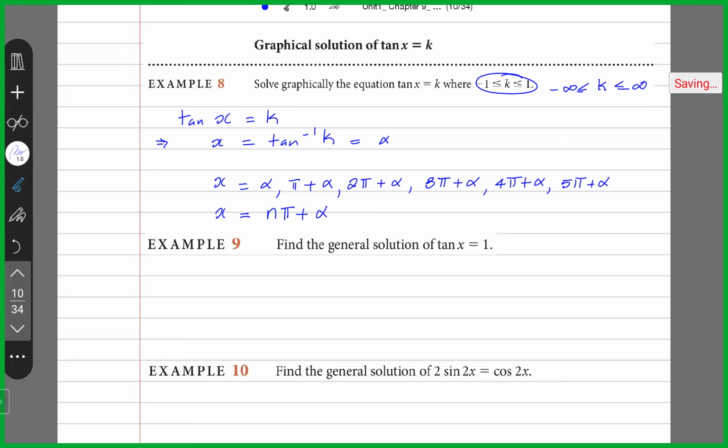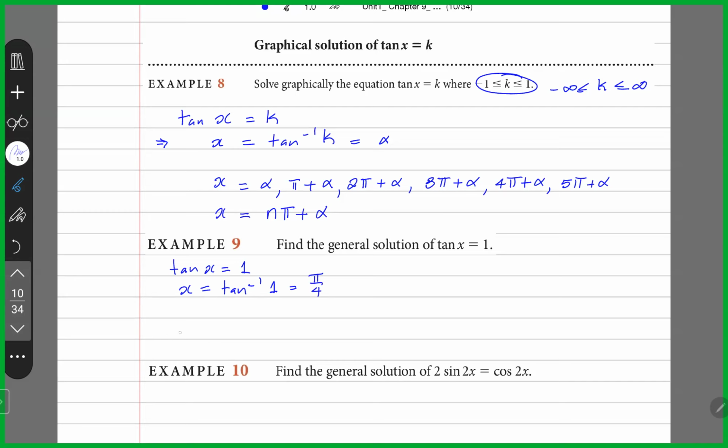Example 9 says, find the general solution of tan x is equal to 1. Now, if the tangent of x is equal to 1, x must be 45 degrees because the tangent of 45 degrees is 1. So I have tan x is equal to 1. So x is equal to tan inverse of 1, which is 45 degrees. 45 degrees is pi by 4.